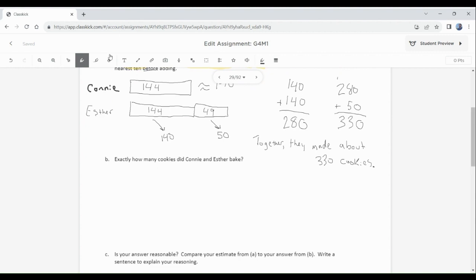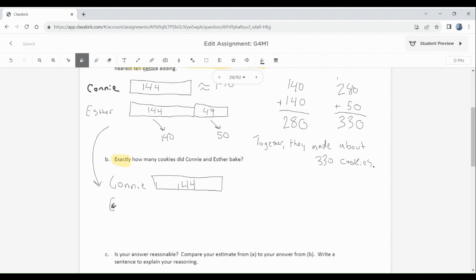Letter B asks exactly how many cookies did Connie and Esther bake. So we're going to take the rounding aspect out of it, and we want to know down to the precise cookie. I'm going to use this tape diagram here in letter B. So again, Connie made, let's just say this amount shows 144 cookies.